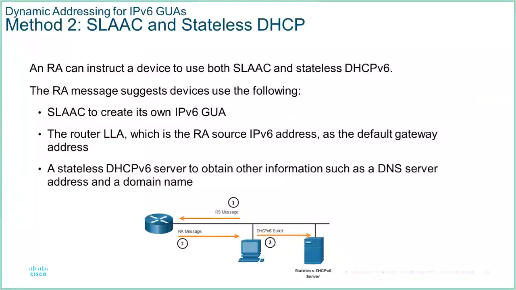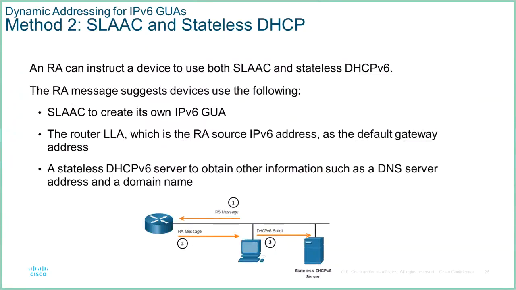All right, so take a breath, take a drink. So our advertisement message comes out and suggests that SLAAC create its own IPv6 global unique address, with the router as the source.